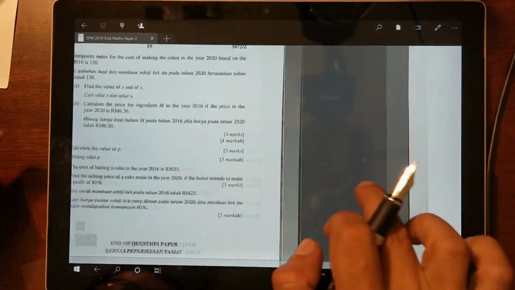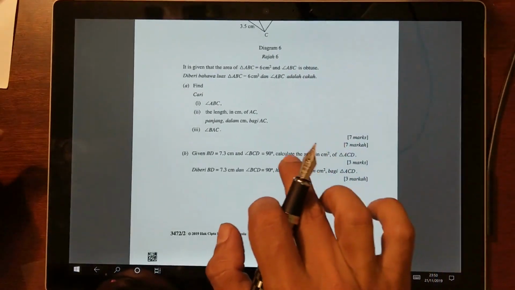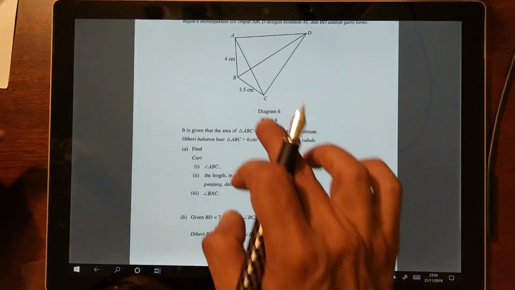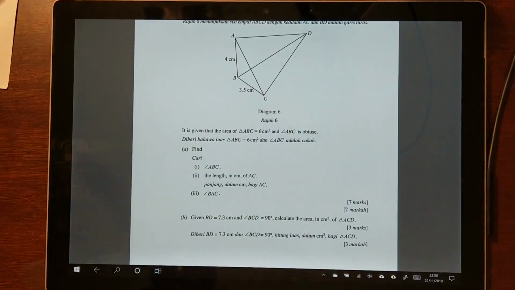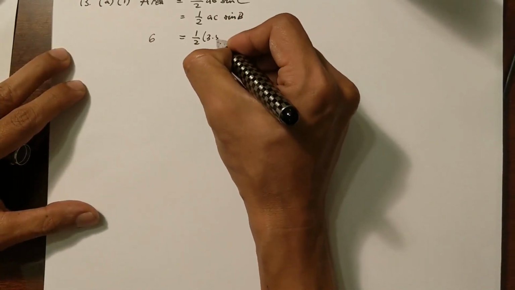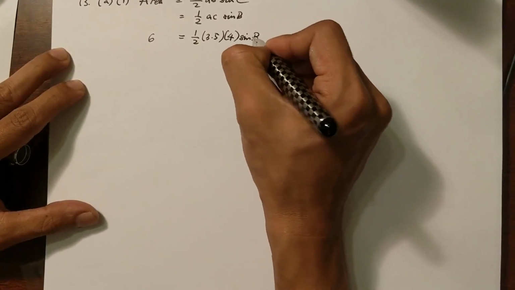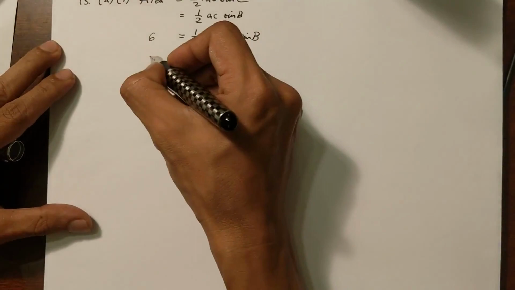Where have our questions gone? Okay, so length A is 3.5, length C is 4. So we've got 3.5 into 4 and sine B equals that. So let's evaluate all of that.